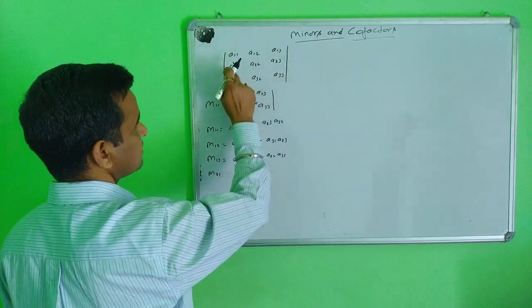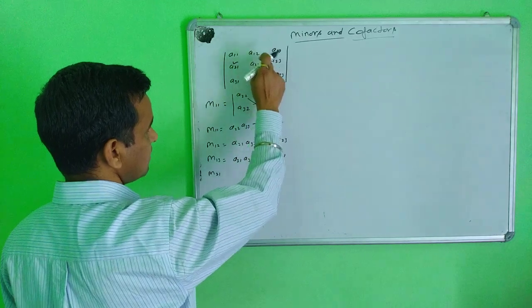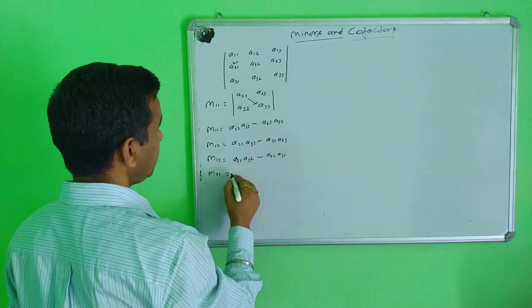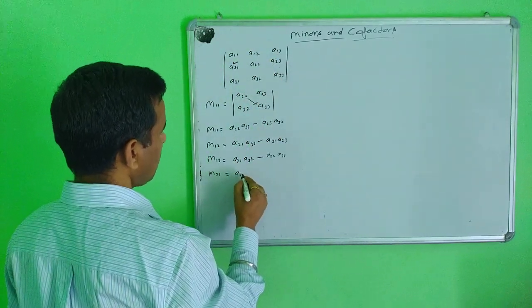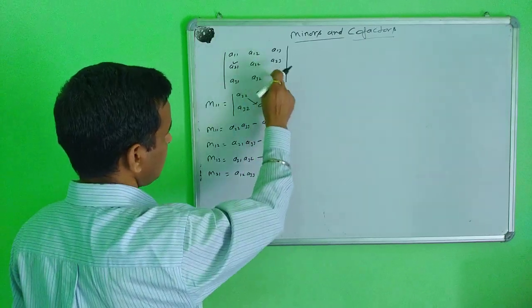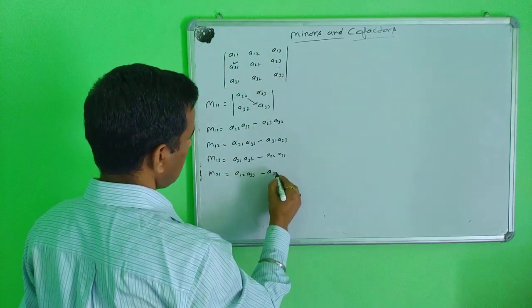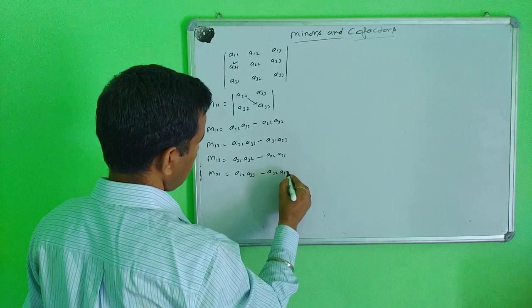This column and this row will be hidden. Cross multiply, then this will be A12, A33 minus A32, A13.